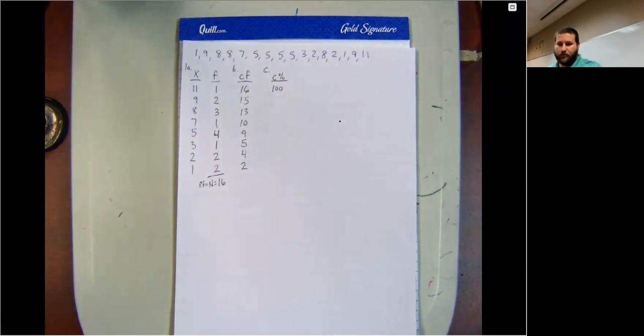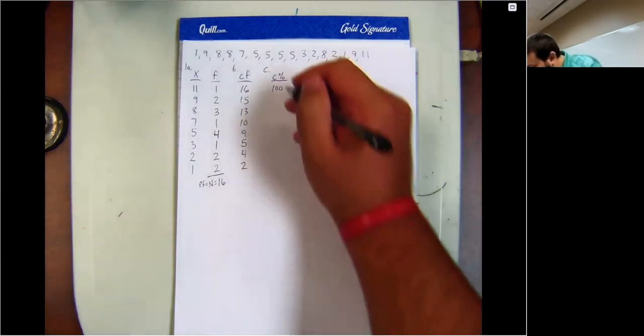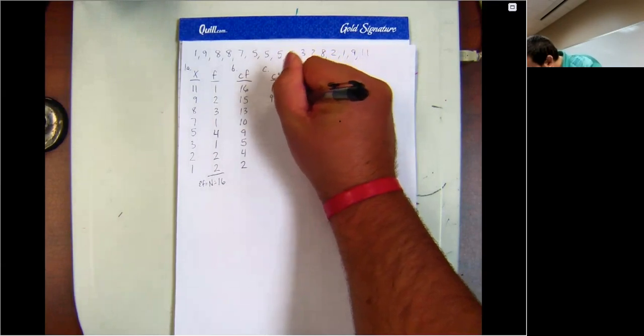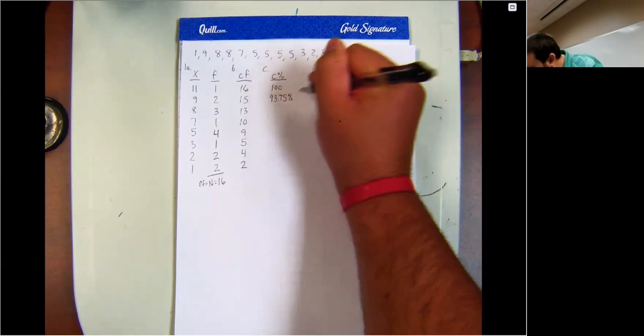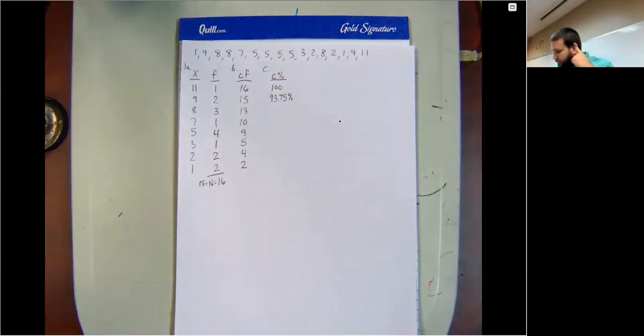Then the next one, for what percentage of the data is 9 or lower, it's 15 over 16 times 100. 15 divided by 16 is 0.9375, and times 100 is 93.75. So you could do 93.75, or if you rounded to 94, then that would be fine. The next one, 13 over 16, right?